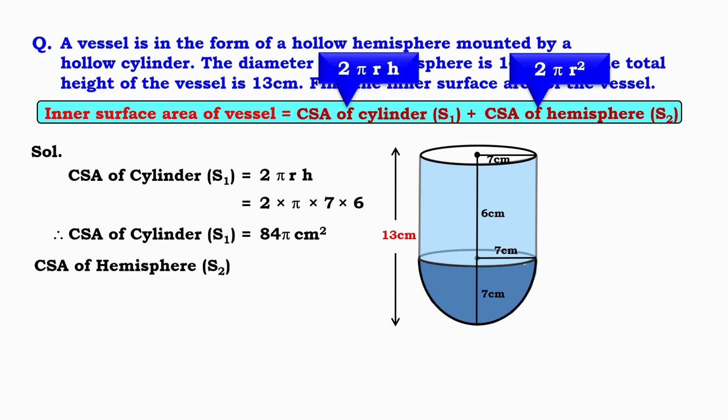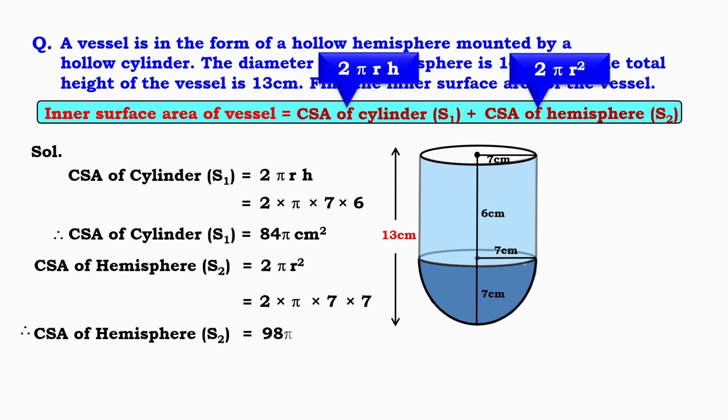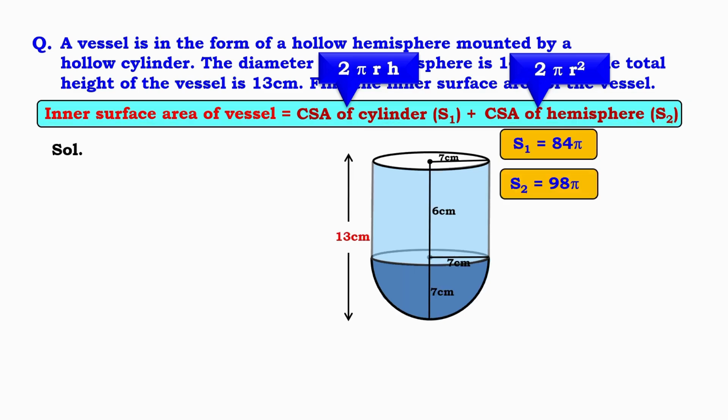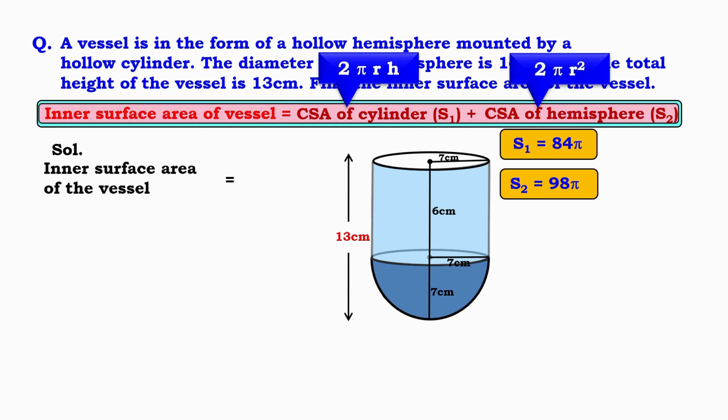Now let's find the CSA of the hemisphere. So 2 pi r square, 2 into pi into 7 into 7. So it is coming 98 pi centimeter square. So now if we combine this together, we will get the inner surface area of the vessel. So that is equal to 84 pi plus 98 pi.